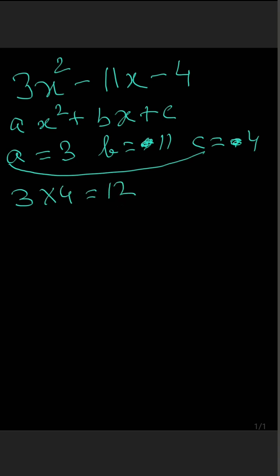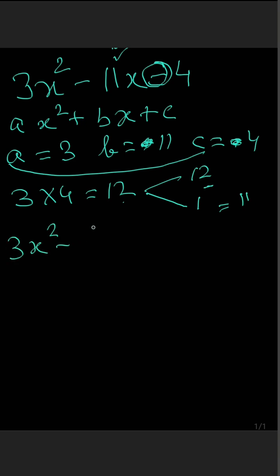And we have to split this 12 into 2 such parts. The difference of those parts would come out to be 11. So it's very easy. We can split into 12 and 1, because if we take the difference of 12 and 1, the answer would be 11, which is the middle term. So we can write this equation after splitting as 12x minus x minus 4.